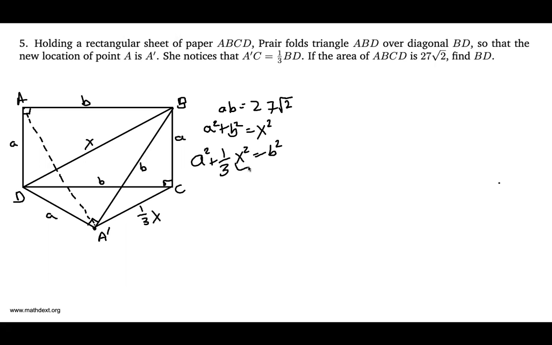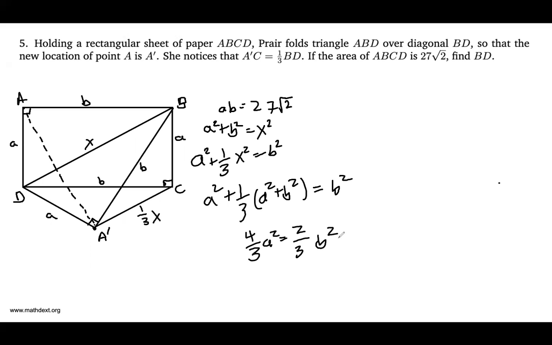So we can essentially plug in A squared plus B squared for x squared in this last equation. We get A squared plus 1/3 A squared plus B squared equals B squared. And if you expand this all out, you get something like 4/3 A squared equals 2/3 of B squared. And multiplying everything by 3/2 gives you 2A squared equals B squared.